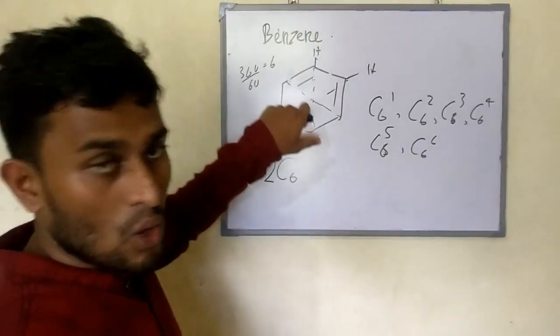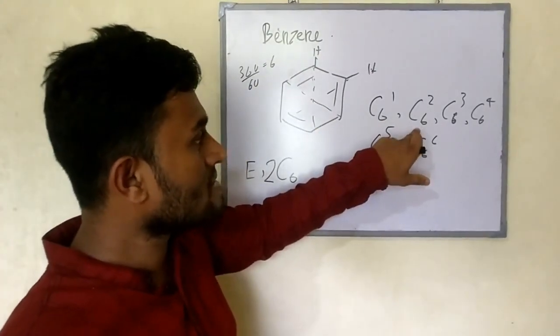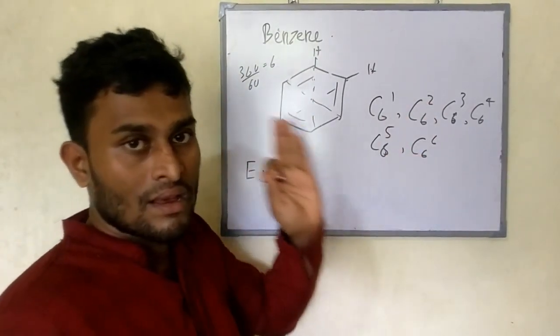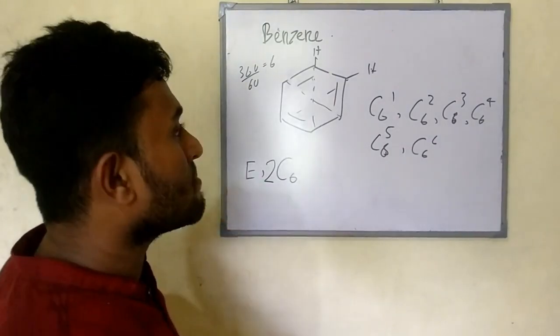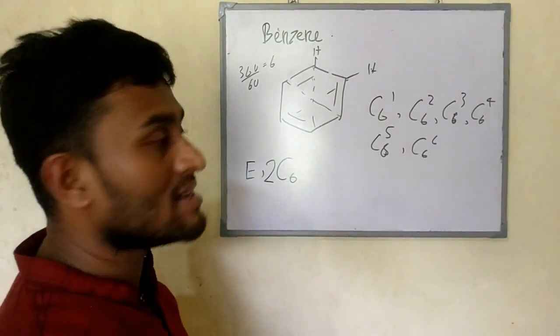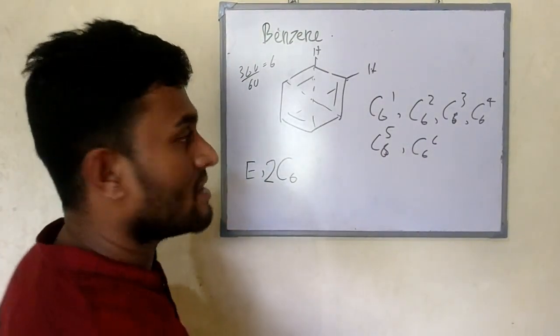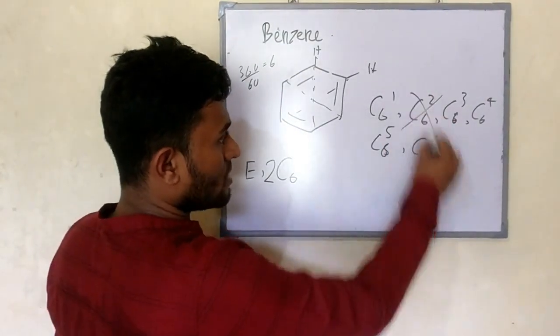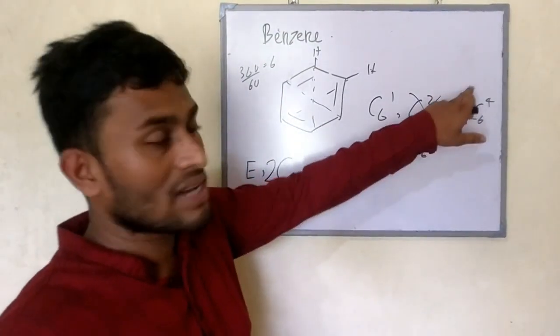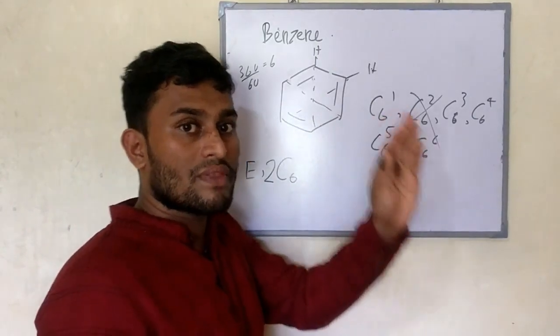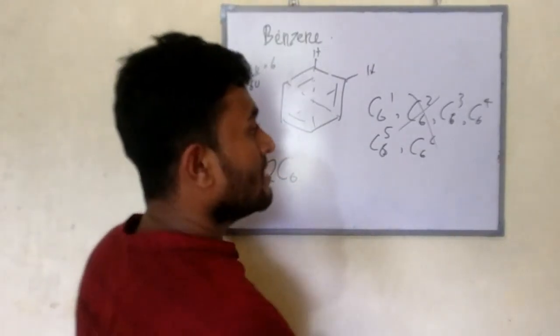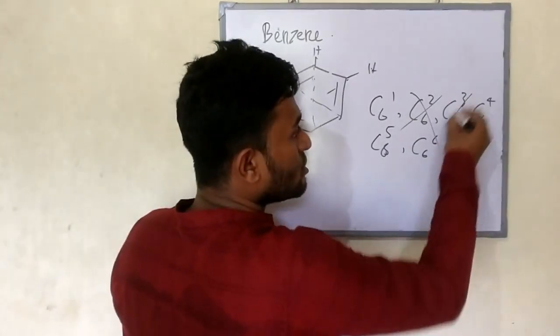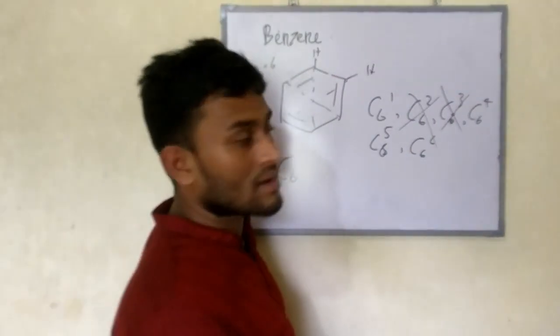C6^1 means the normal one. C6^2 means 60 into 2, that means 120. That is similar to C3. So you can't write this one. Then C6^3 means that is 180. That is similar to C2. So you can't write this one.